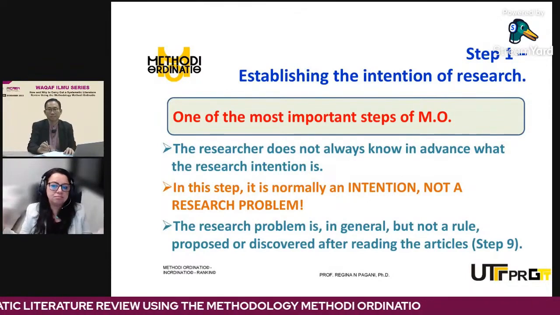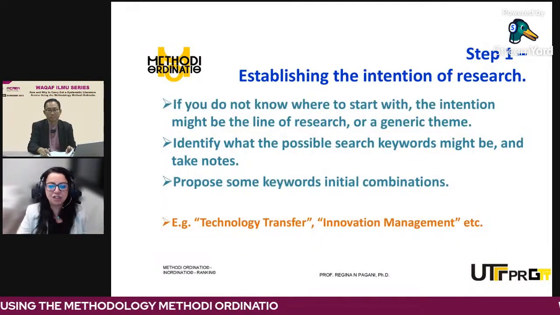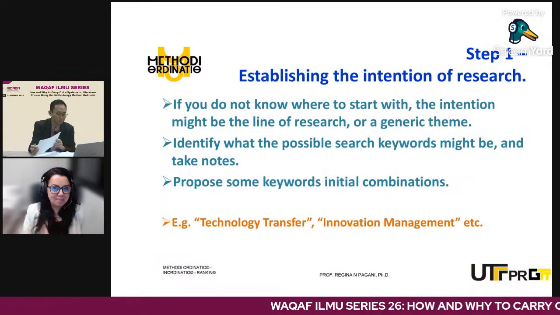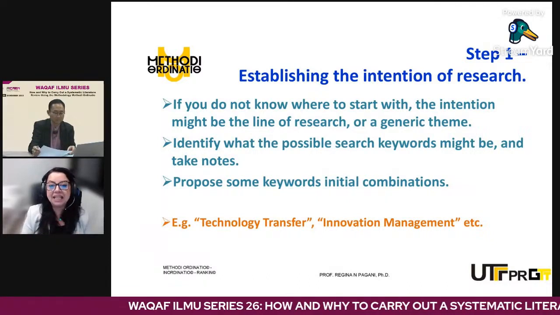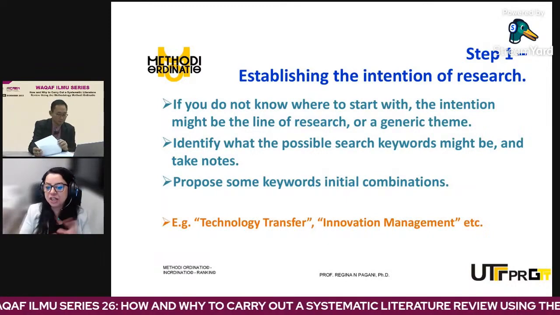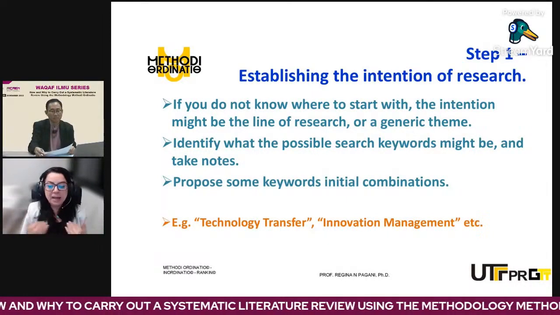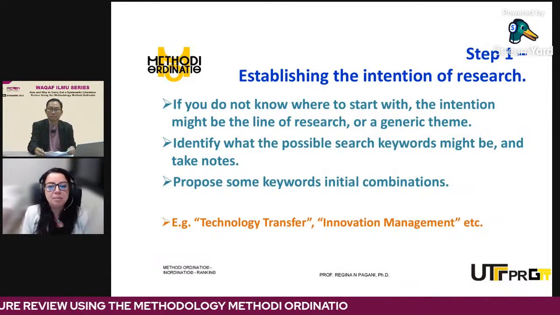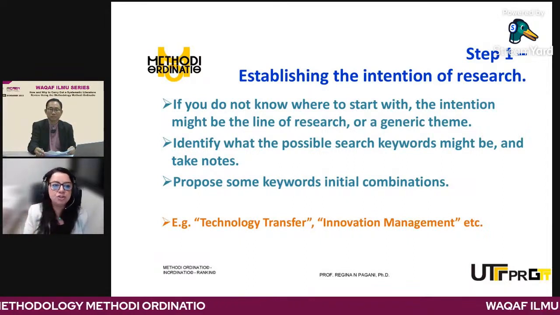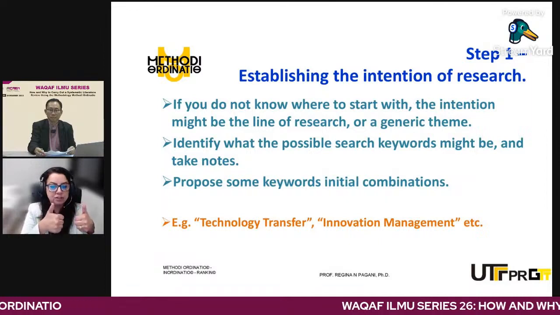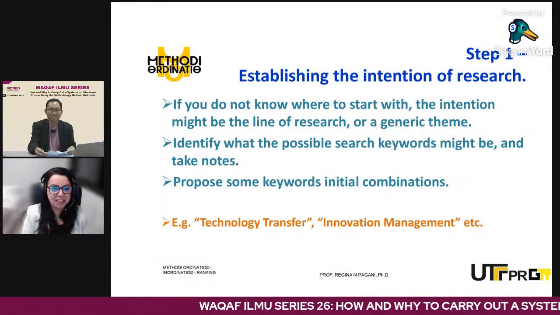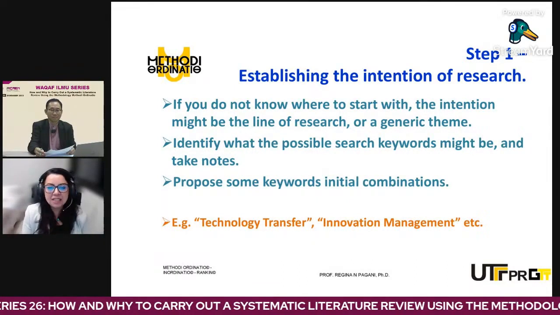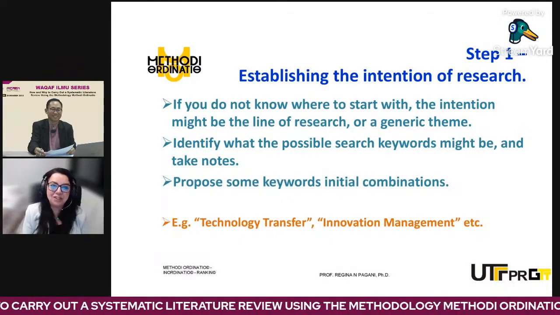So how do I find my intention of research? If you do not know where to start, which was my case during my PhD, the intention might be the line of research or a generic theme. In my case, for instance, my line of research was technology transfer. My advisor would say, well, you're going to work with technology transfer. Good. And then I started searching for technology transfer, and I found out that at that time we had more than 2,000 papers on it.